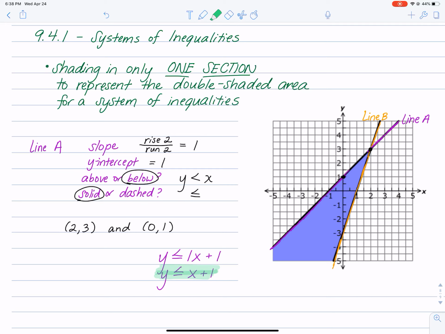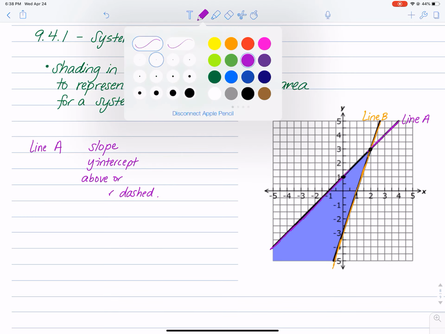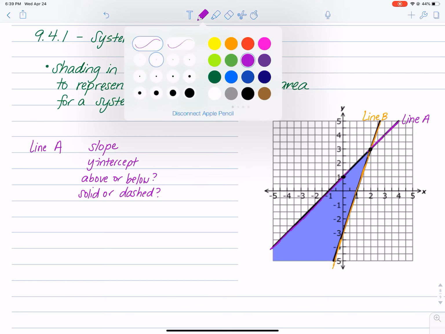Then we would need to figure out line B as well. Okay, I'm going to go ahead and erase mine just so that it cleans up the space a little bit. I'm going to keep all the same. I'm going to have to rewrite those words, no worries. Alrighty, so above or below, because I'm going to ask myself those same questions for line B this time.